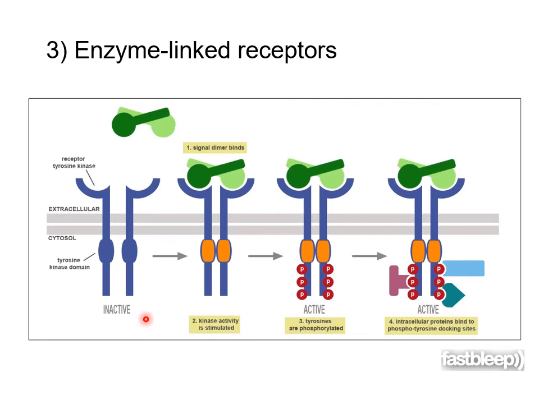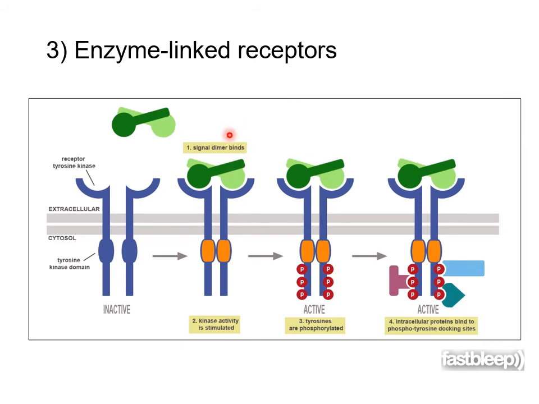Most enzyme-linked receptors are tyrosine kinases, which simply means that they display a kinase activity in which the amino acid tyrosine is involved. The way this works is that when the ligand binds to two of these receptors, it causes a conformational change that results in the aggregation of these two receptors and dimerization.